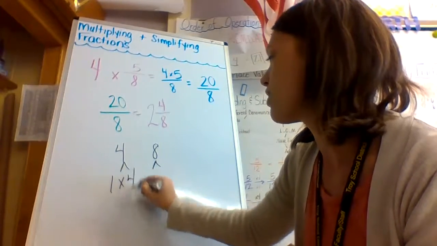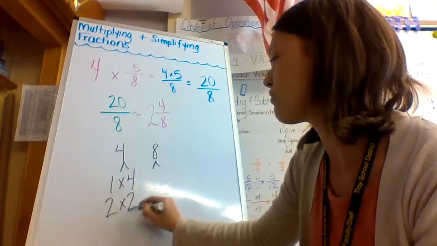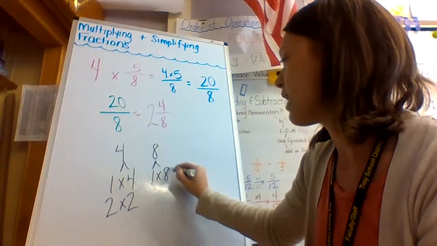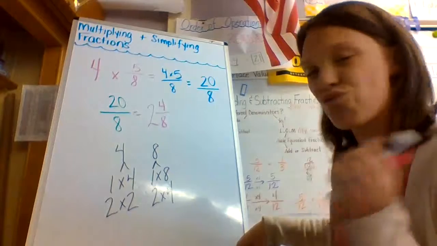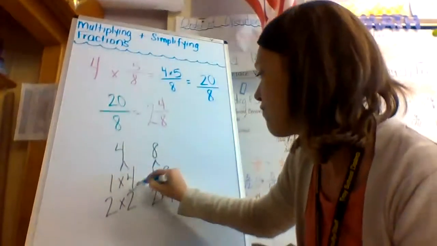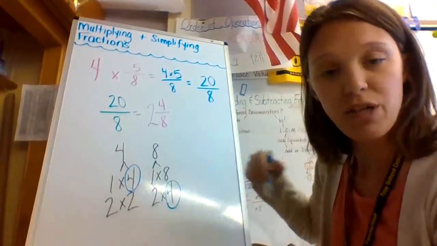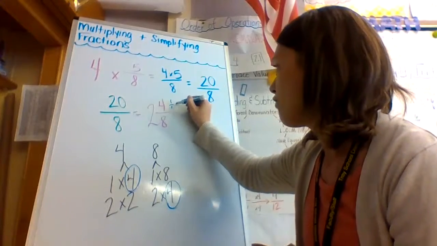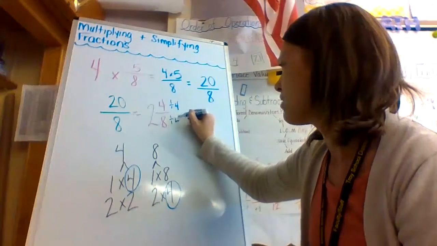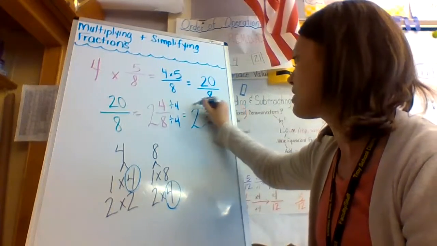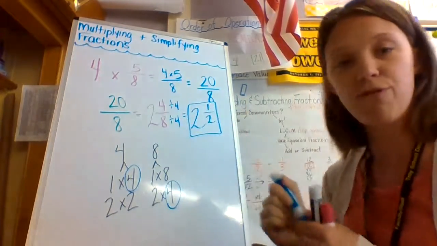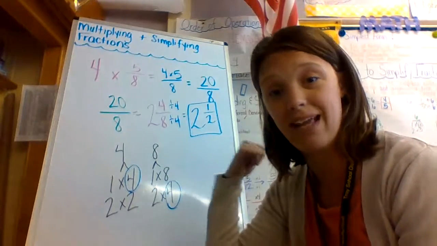I know 1 times 4 is 4, 2 times 2 is 4, 1 times 8 is 8, 2 times 4 is 8. My greatest common factor is 4. This is the same process that we just did. 4 divided by 4 and 8 divided by 4. Our simplified fraction is the exact same answer as before. This was just a different way of getting there.